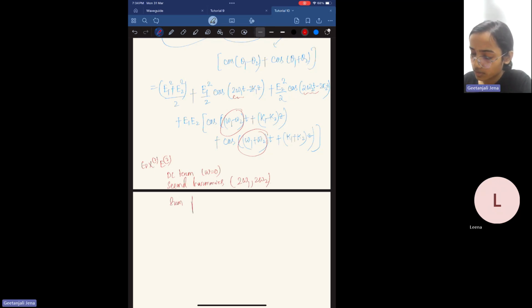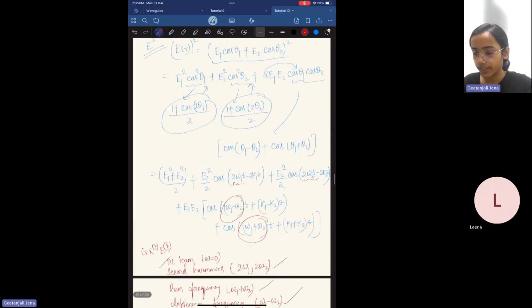So for this kind of field, when we have two frequency components, omega 1 and omega 2, because of the chi2 effect, we'll see a DC term, second harmonics, and sum frequency and difference frequency. Okay, so this is for chi2.